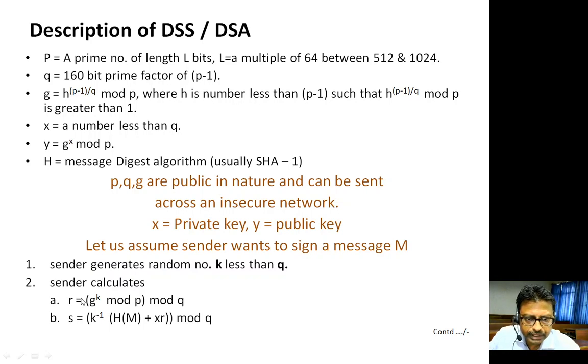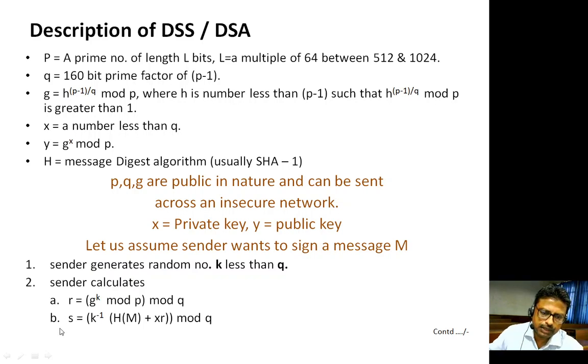So r is calculated as g to the power k mod p, then mod q. P and q it already knows, so by applying this function it gets the value of r.